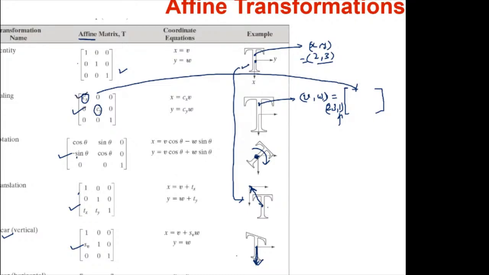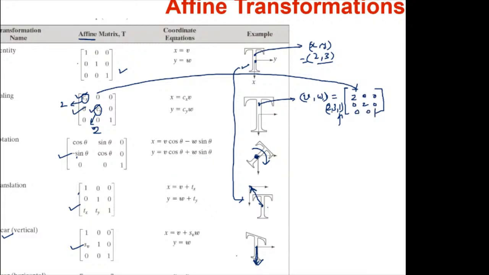How much you want to zoom along the x-axis, how much magnification you want along the y-axis. Suppose I want to zoom it by 2 in both directions. So that means cx will also be 2 and cy will also be 2. So the matrix will become 2, 0, 0, 0, 2, 0 and 0, 0, 1.